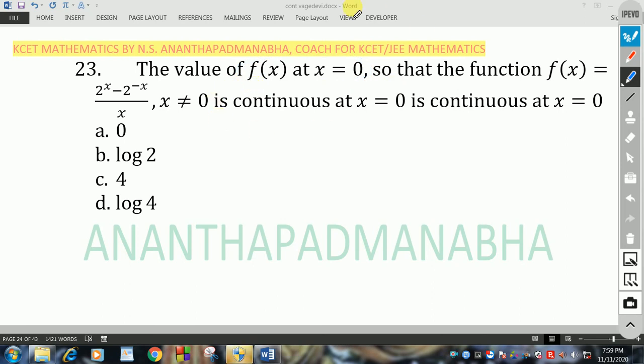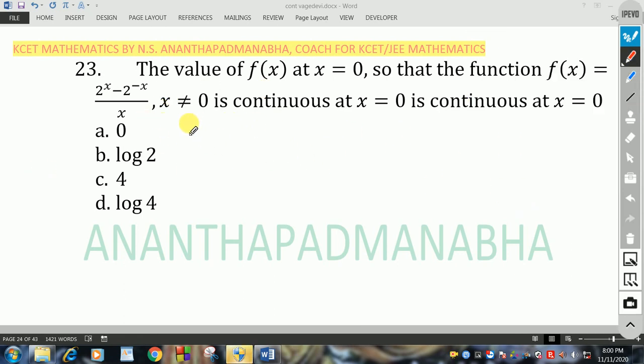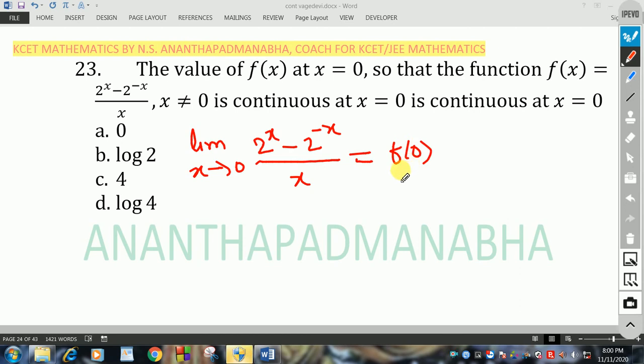So to find f of 0, I have to consider the limit as usual, that is the definition of continuity. Limit as x approaches 0 of (2 to the power of x minus 2 to the power of minus x) divided by x is equal to f of 0. This is what is required to find.